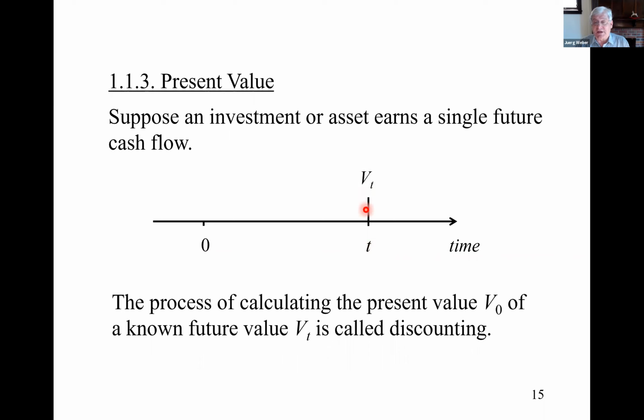So it's just a single cash flow. What is the value of the asset today? You would like to calculate the present value V0 when the future value Vt is given to you.